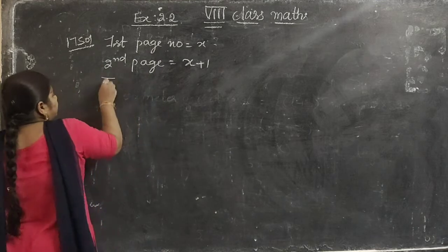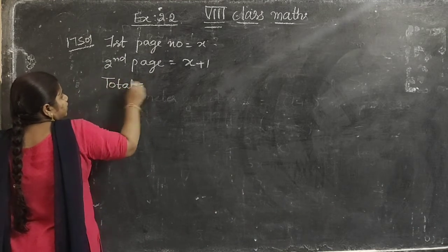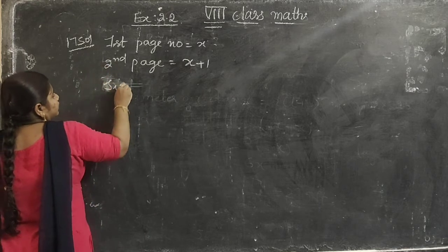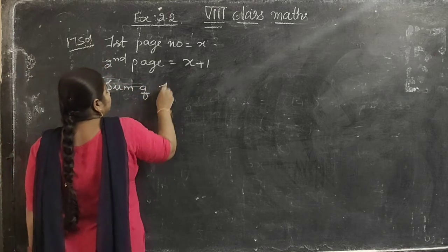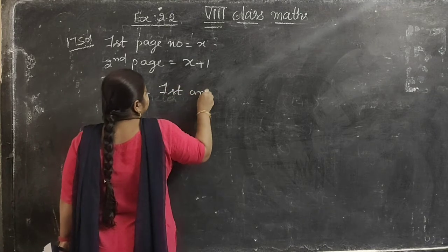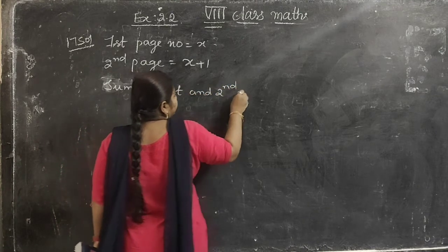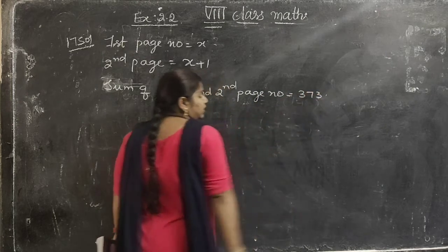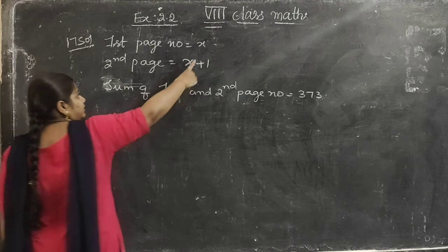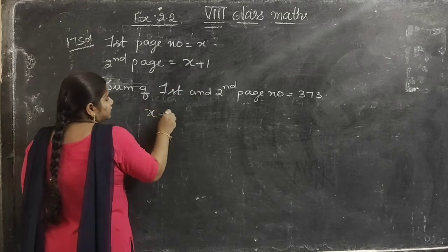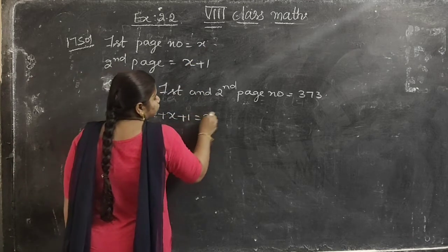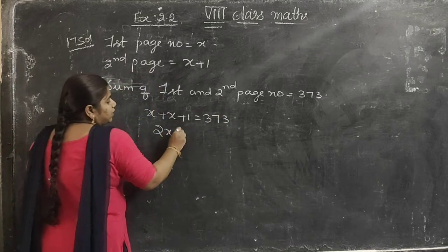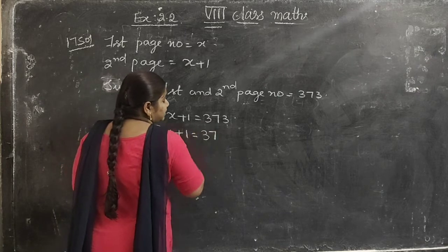So the sum of first and second page numbers, how much do they get? That is 373. Sum is nothing but addition. So add these two values. x plus x plus 1 is equals to 373. x plus x is how much? 2x plus 1 is equals to 373.